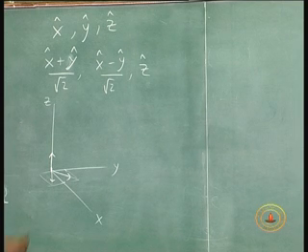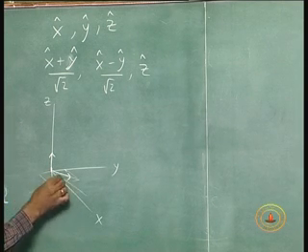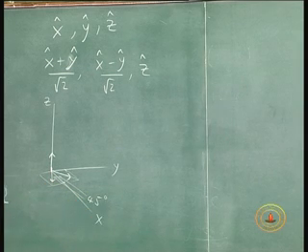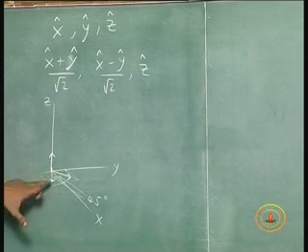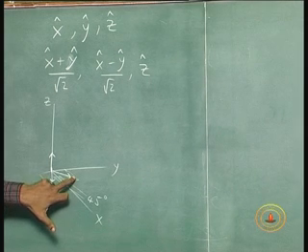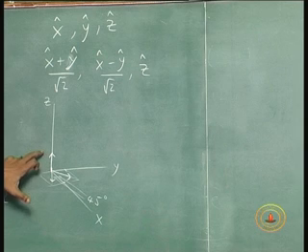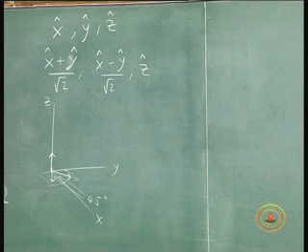Now, I know that each of these angles is 45 degrees. So, obviously, this vector dot this vector is 0, and both of these are 90 degrees from the z vector. So, they are all orthogonal to each other.